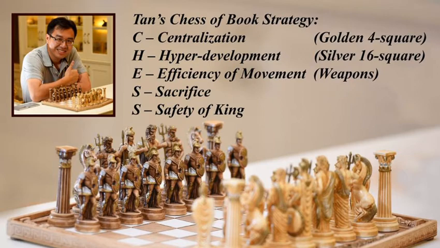The next one will be the X, which stands for sacrifice. In all games, you try to play tactics and strategy to make a brilliant sacrifice. And if the sacrifice does not work, it means you are making a mistake or blunder. And lastly, not to forget about the safety of your king.